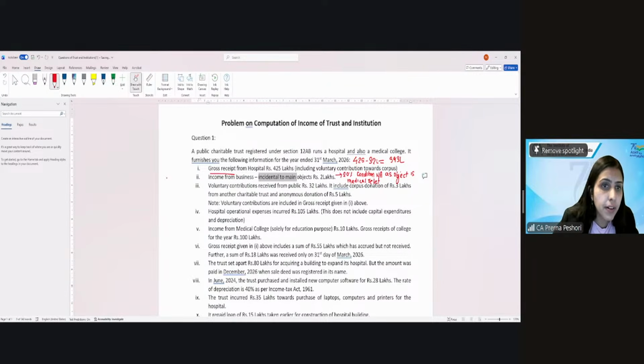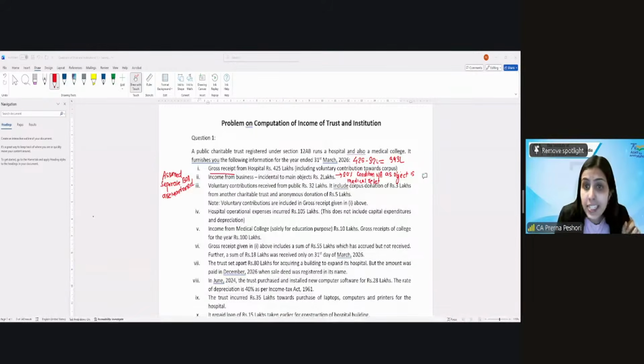And you will write in the exam, assume separate books of accounts are maintained. Right?